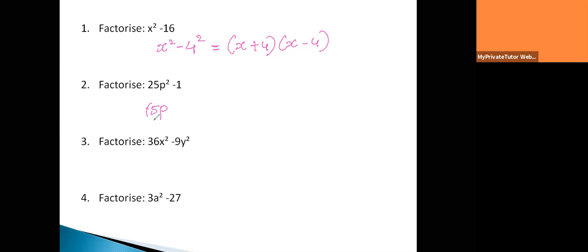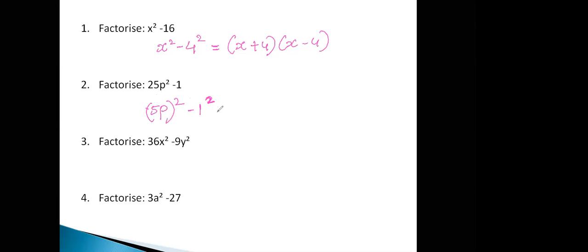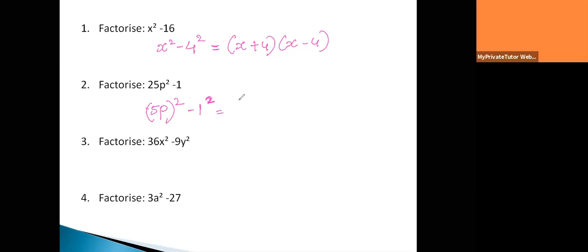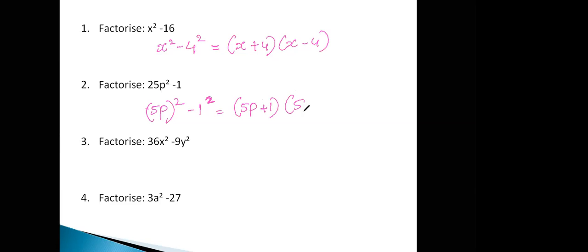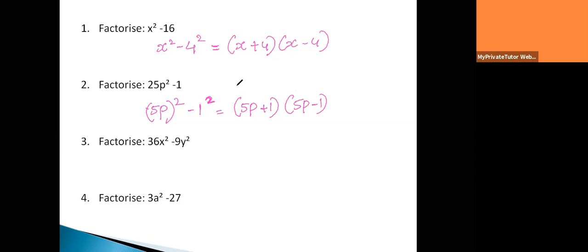So 5p whole square. I hope everyone knows that 1 square is same as 1. So now we can find the factors easily. Iris, what do you think? 5p plus 1 and 5p minus 1. That's it. So you need to split the question carefully.